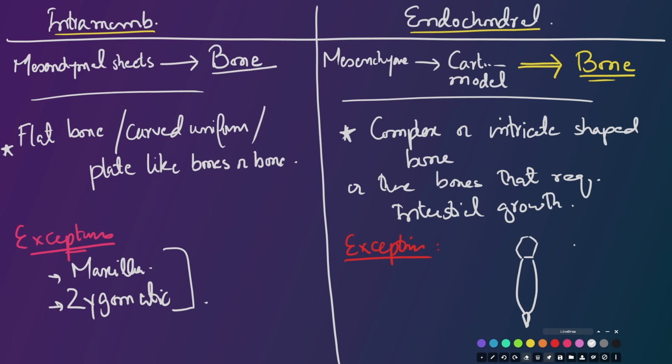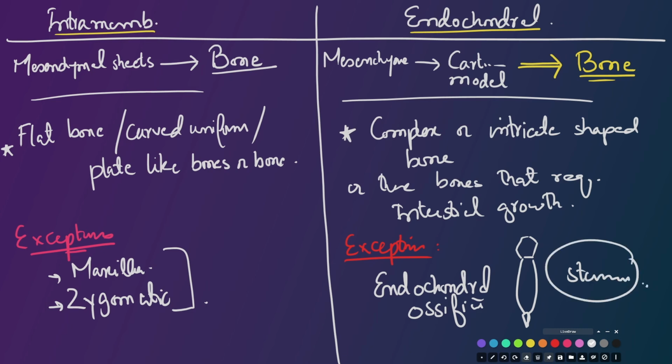But even this flat, plate-like bone develops with the help of endochondral ossification. If you ask me what is the reason for this, please don't ask me because I don't know. The sternum is the exception, and I don't know why it develops with endochondral ossification even though it's a flat, plate-like bone. But this is what it is.